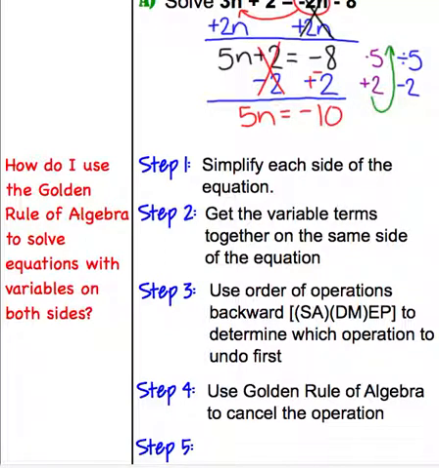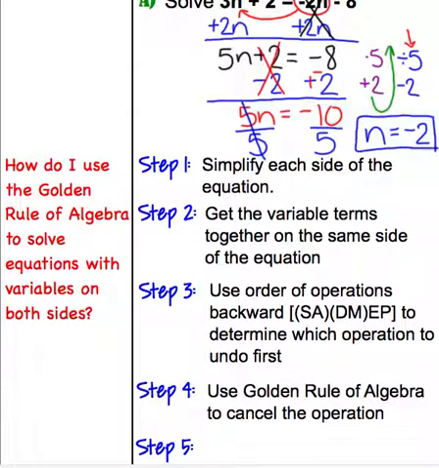So then our next step, we said we're going to divide by 5. So I'm going to divide by 5 on both sides. When I divide by 5 on both sides, the 5's cancel, leaving me with n is equal to 6 fifths.